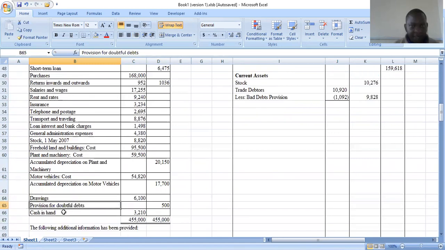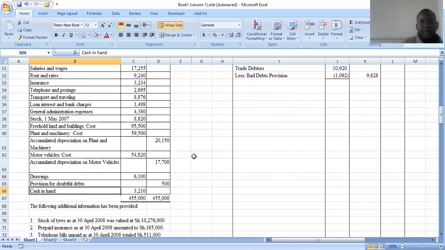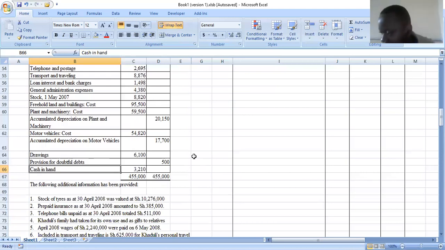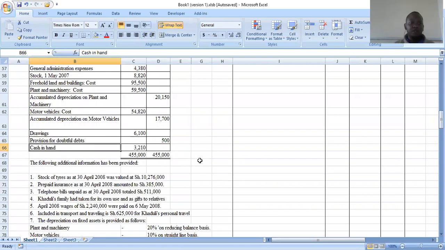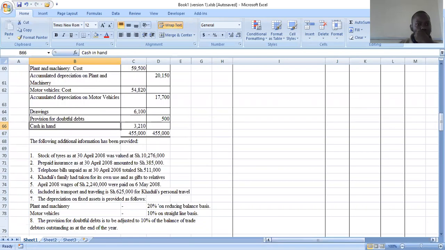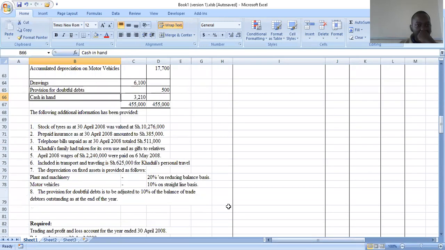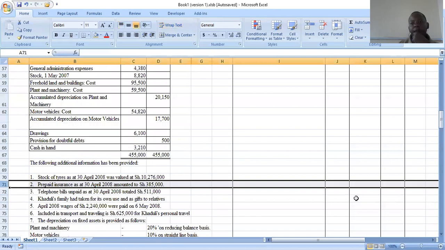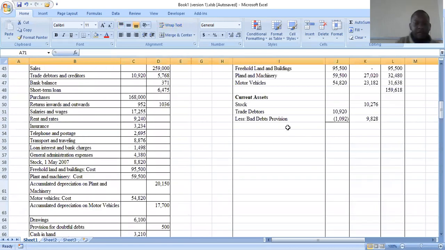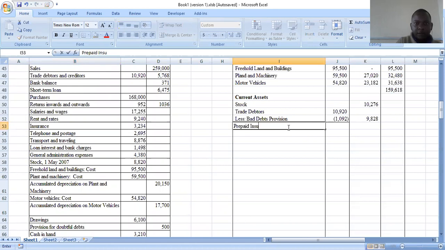So we have cash in hand, but before cash in hand, let us see whether you have some prepaid expenses. Do we have prepaid expenses in our additional information? We have prepaid insurance. Yes.